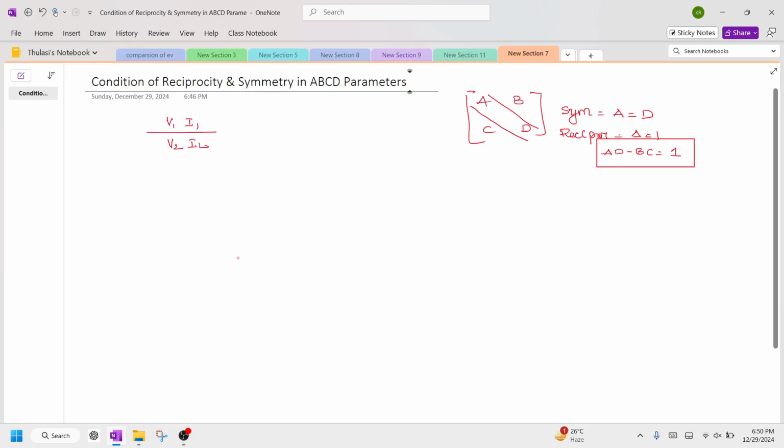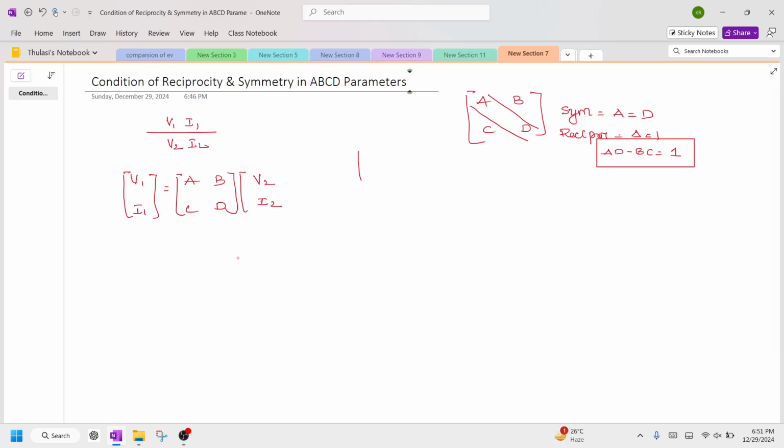We write the input port V1, I1 equal to the ABCD transmission line parameters times V2 and I2. In two port analysis the current generally enters the port, but here we assume the current is leaving the port, therefore the current is minus I2, which comes into the load. So the minus polarity will come in this derivation.